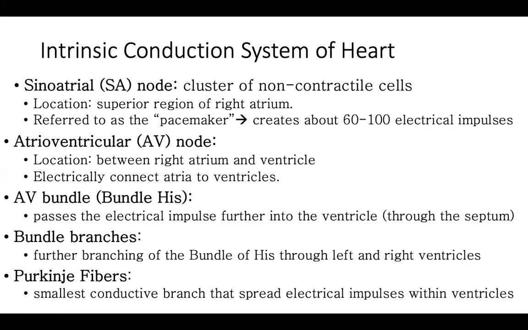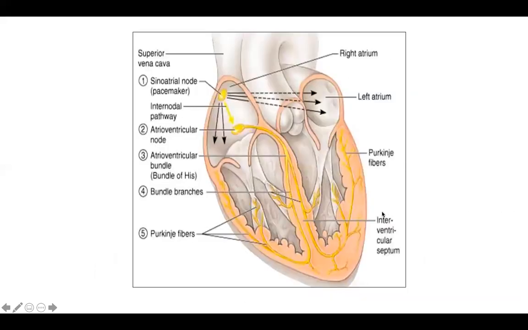Now, the electrical impulse continues going down through your heart, passing through a structure called the AV bundle, also known as the bundle of His, that allows the electrical impulses to travel further into the ventricles. As you can see in the picture, it passes through the septum. This portion right here is your atrioventricular bundle, or bundle of His.